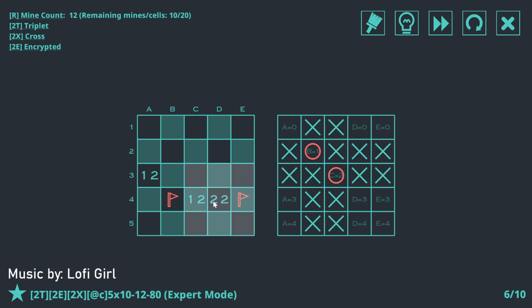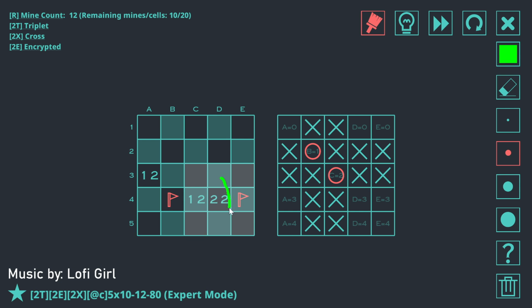Okay, so 2, 2 over here. I guess you have 1 mine in here. Not sure how that helps. That will give 1 for this 1 too. Which means now you either have a mine here or you have a mine here.